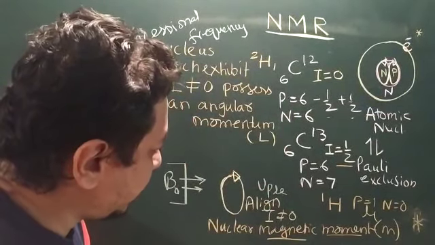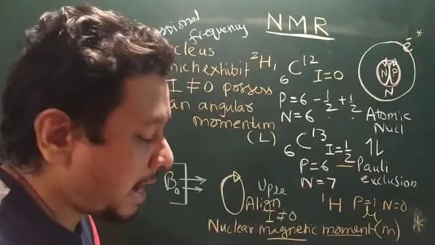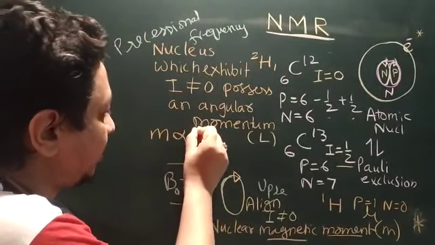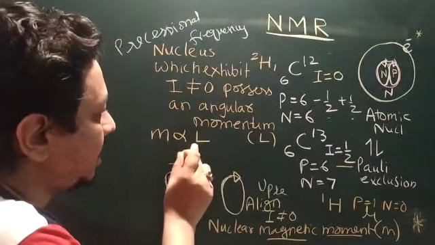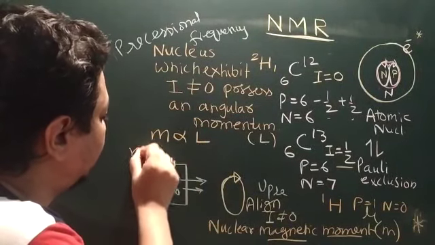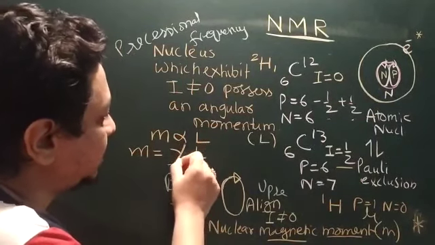Now after that, what happens? There is a relationship between the nuclear magnetic moment and the angular momentum. The relationship is linear. So if you consider M is equal to, there should be a constant known as gamma. What is gamma?